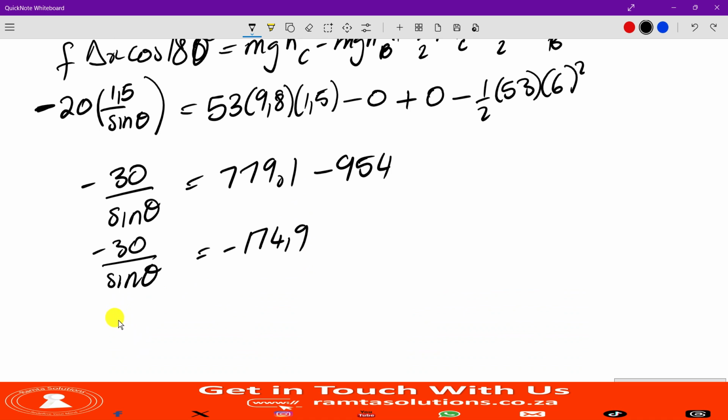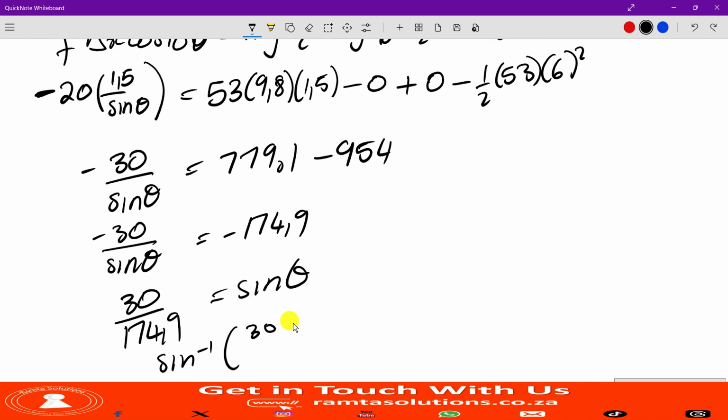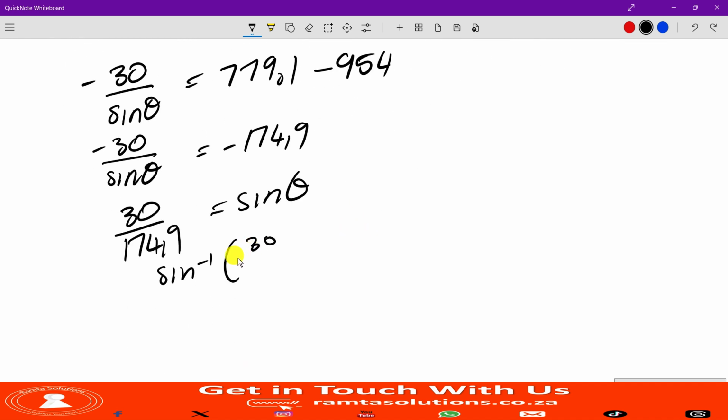Now, sine theta will be 30 over 174.9. So if you do the maths, theta equals sine inverse of 30 over 174.9. So what is theta?